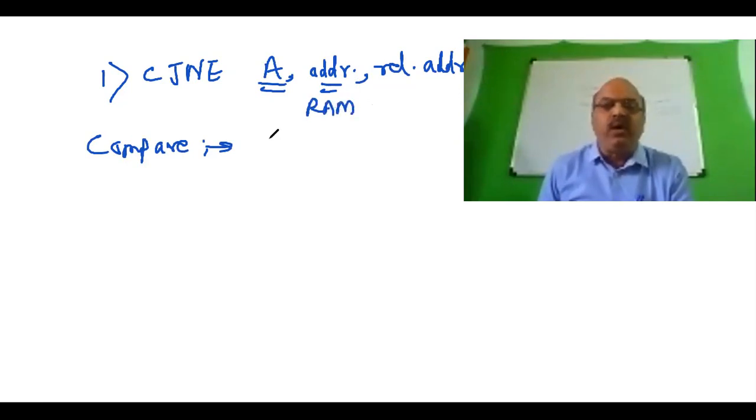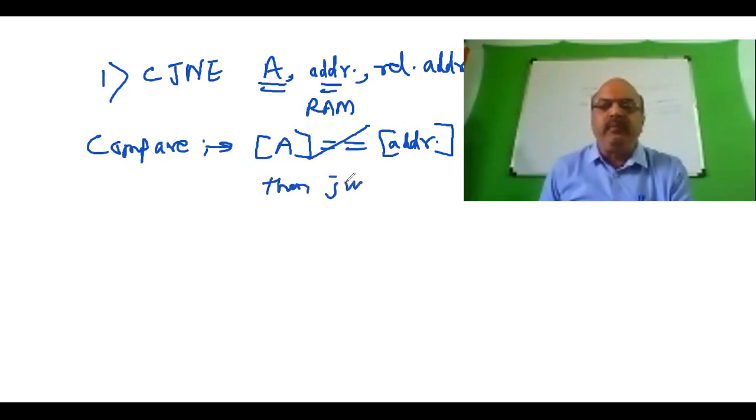So data of A and data of the RAM address are compared, and if they are not equal, then jump to the relative address. This is the meaning.